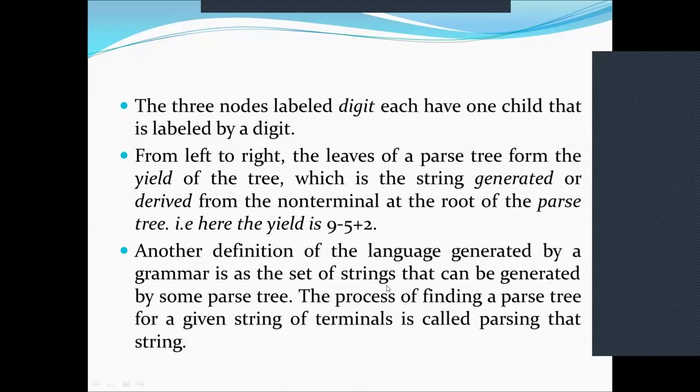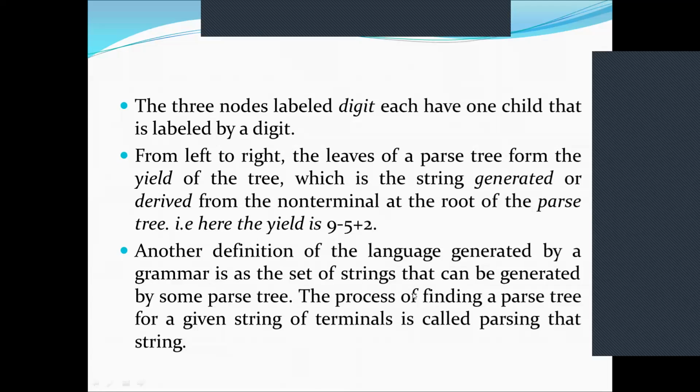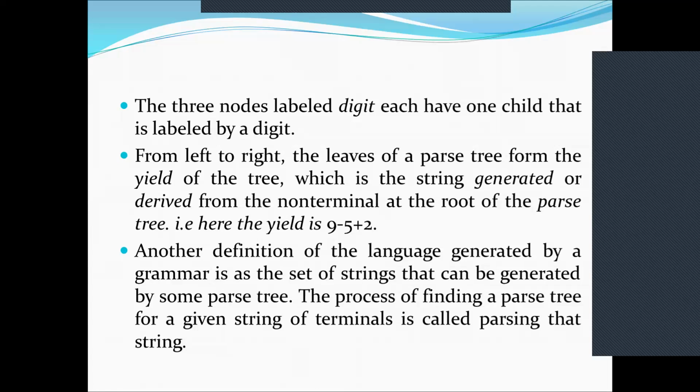Another definition of the language generated by a grammar is the set of strings that can be generated by some parse tree. Here what we saw as the yield, or what is generated, is all numerical values, the equation. But it is also true that strings can be generated by this.